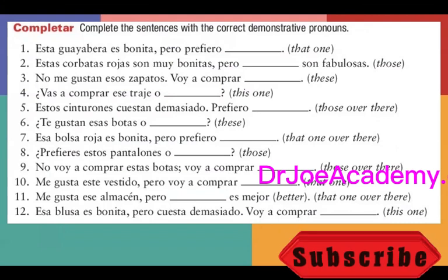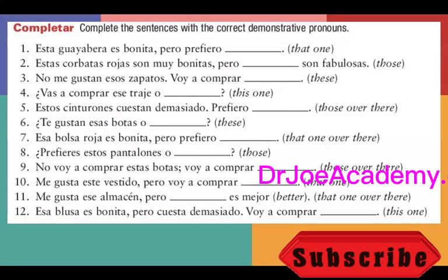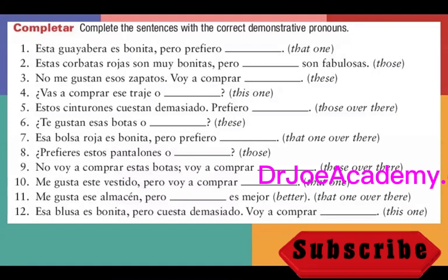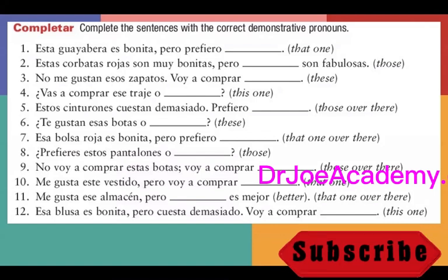Those over there. Look into your notes. Look into that chart that you wrote. The answer will be there. Aquella. Okay, yeah. That's singular. We're saying those, right? Those over there. So there's more than one. So what is the plural?